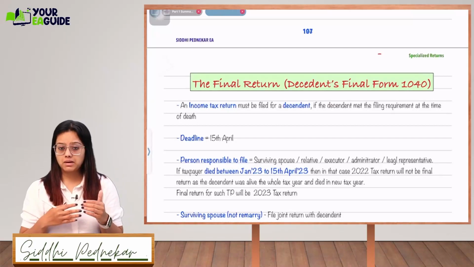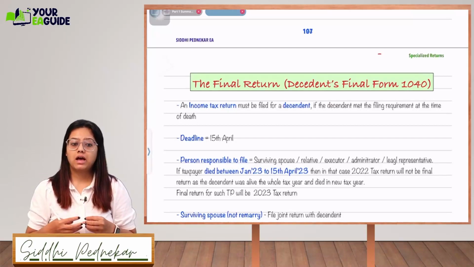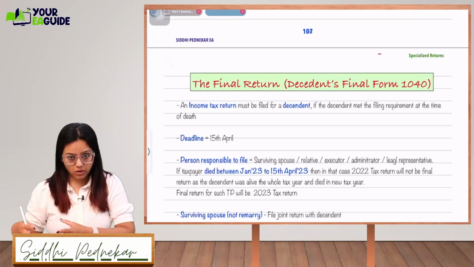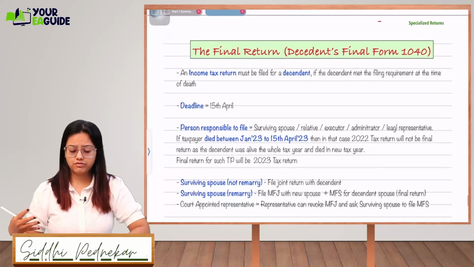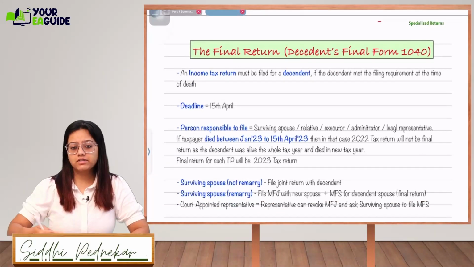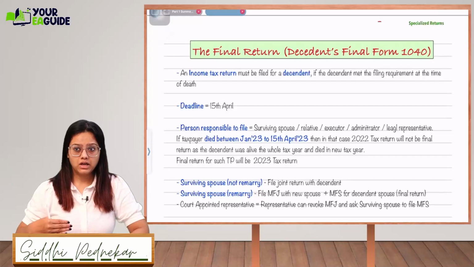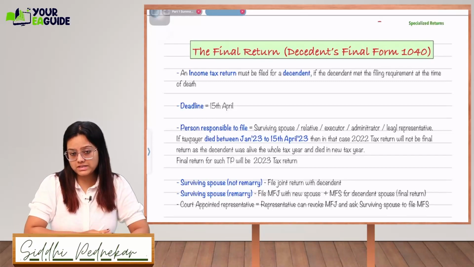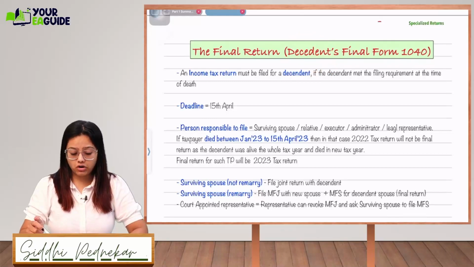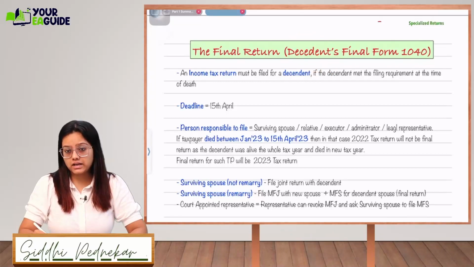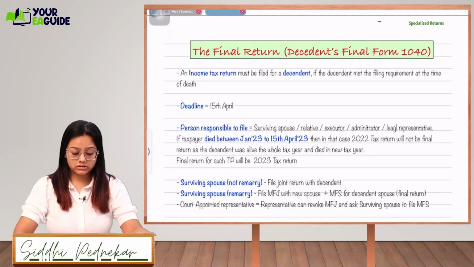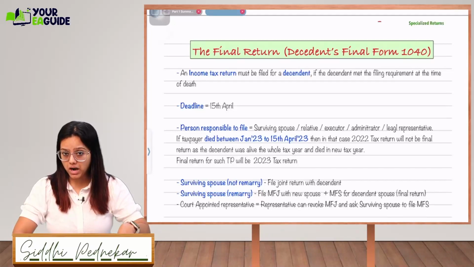Now, sometimes a taxpayer might have been following accrual basis of accounting. After his death, he is still receiving certain accounts receivable. So you have to determine whether the person has been following accrual basis or cash basis. If a person is following accrual basis, then later on when he receives the amount, we are going to include that amount in the tax return.